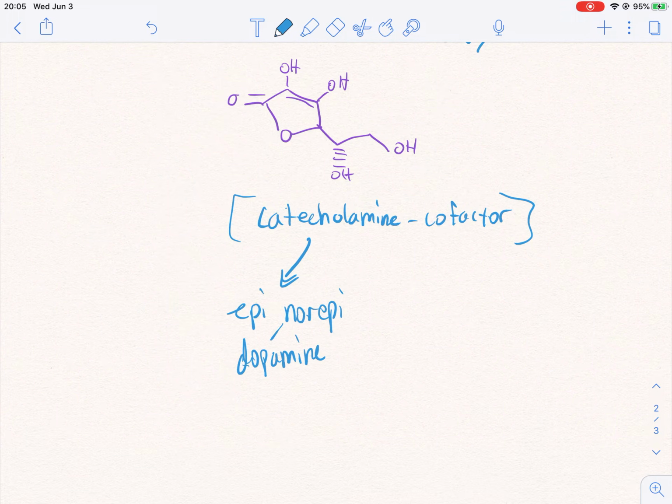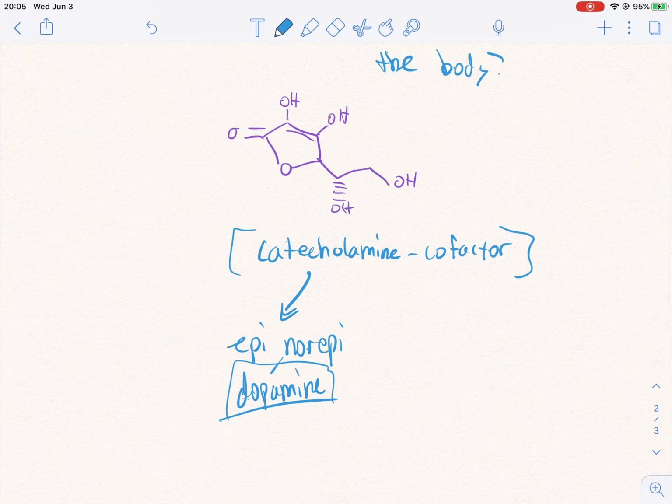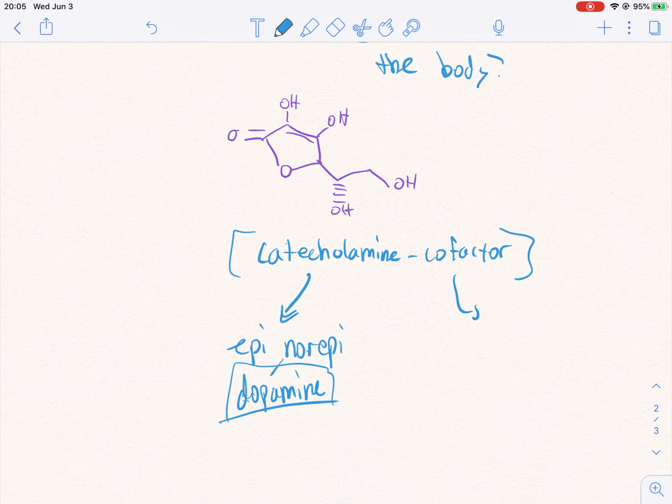So catecholamines are very important. Dopamine, right? This is one of the molecules that makes us happy. A cofactor is just a molecule that helps a reaction occur. It helps a reaction go faster.